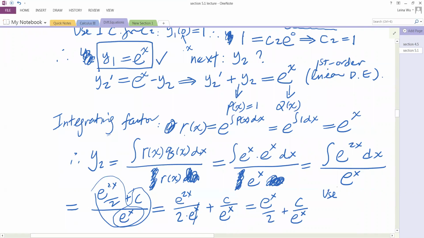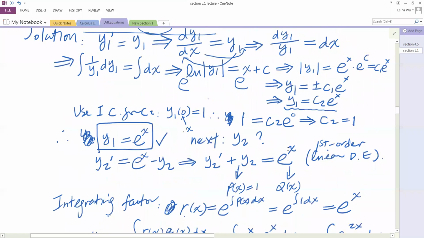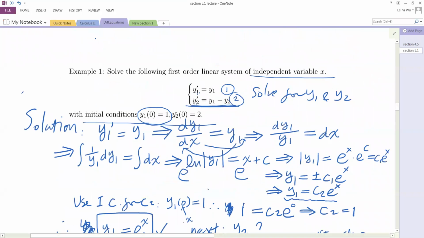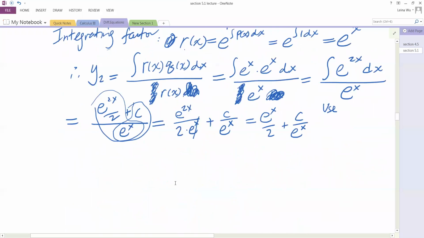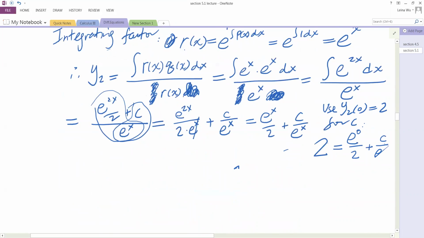Okay, so use the initial condition. Let's see what the initial condition is. y2 of 0 equals 2, for this constant c, right? So that means my y sub 2 would be 2 equals e to the 0 divided by 2 plus c over e to the 0.